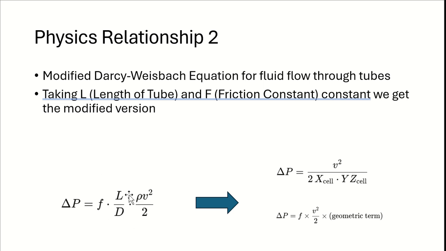But with understanding that L over D, which is length of tube over hydraulic diameter, really is a geometric term, I'm able to shrink this equation down to delta P equals friction coefficient times V squared over 2 times geometric term, right? And the relationship I really want to drive in my model is pressure drop equals V squared over 2 times the geometric term, which is X cell times YZ cell for the TPMS lattice.